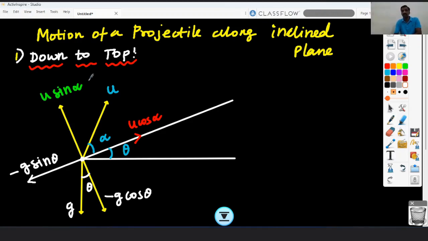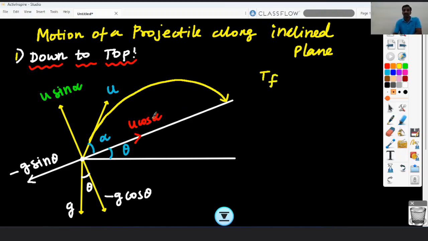So what are we going to find out from this? We can find the time the projectile will take to reach the top. From the bottom we throw the projectile with some initial velocity, and it hits somewhere on the top of the inclined plane. What is the time it will take? That is the time of flight.